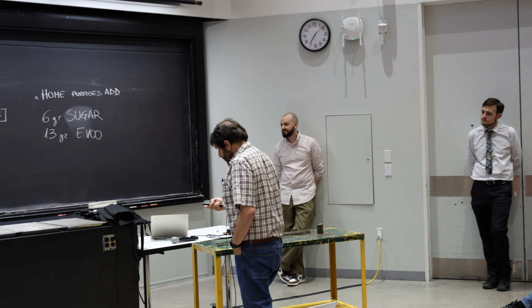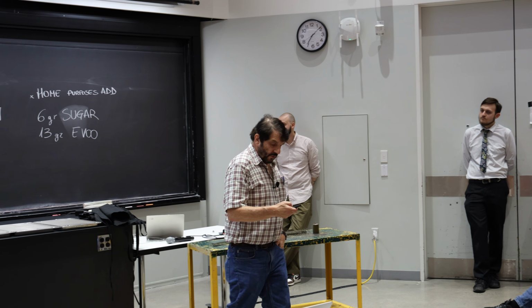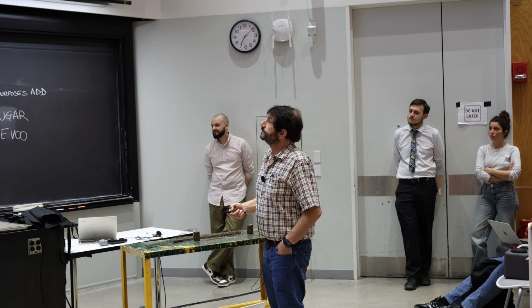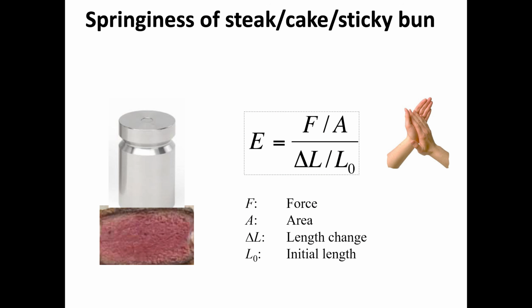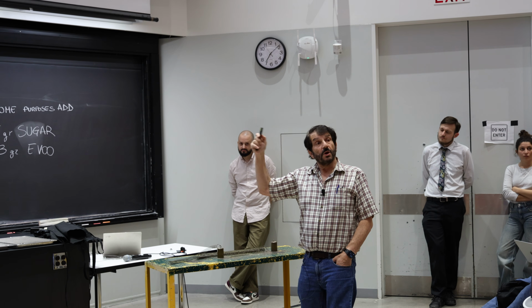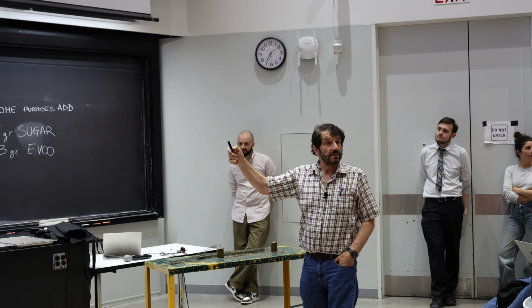And so what we try to do is look at that in a more formal way. We literally take a weight, the same thing we do with the spring, and we measure the deformation. But then we don't want to use exactly the same equation.